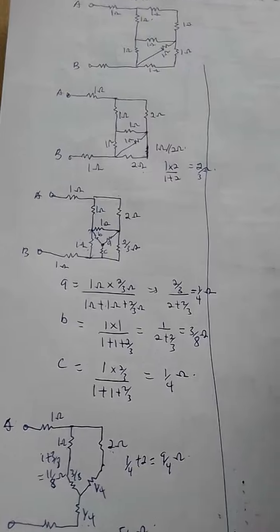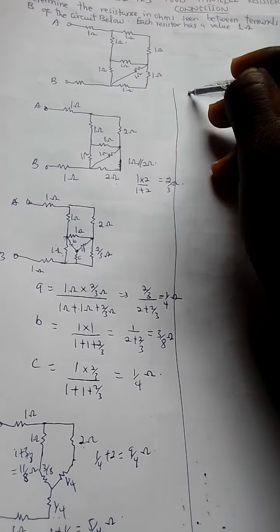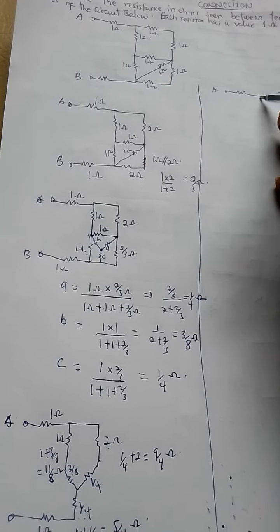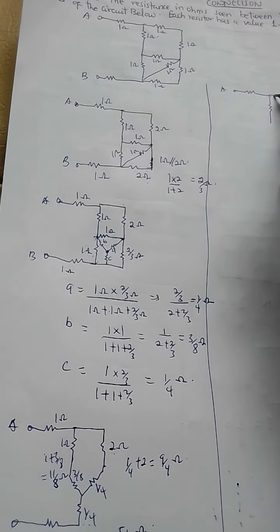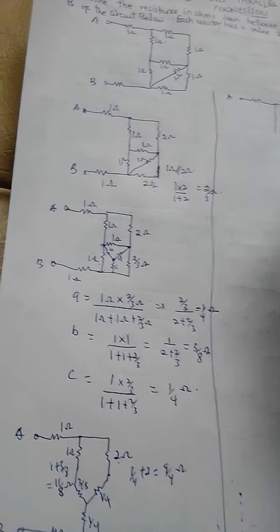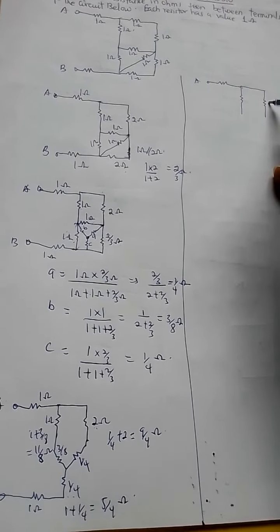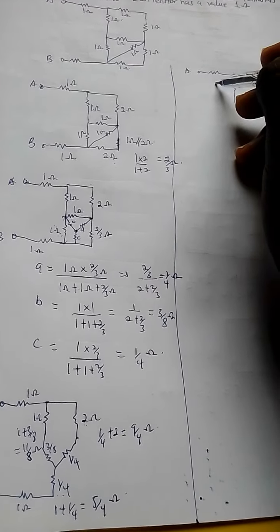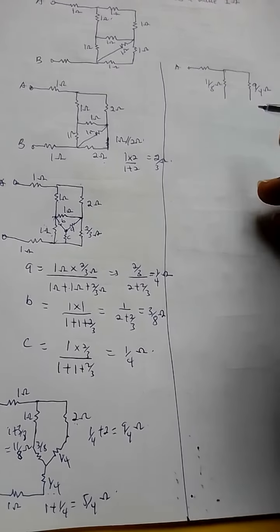Now let me redraw it again. Up here I'm going to have my A terminal going to my 1, then from here I'll get this. So the combined resistance here is 9 over 4 ohms. Then here is going to be 11 over 8 ohms.